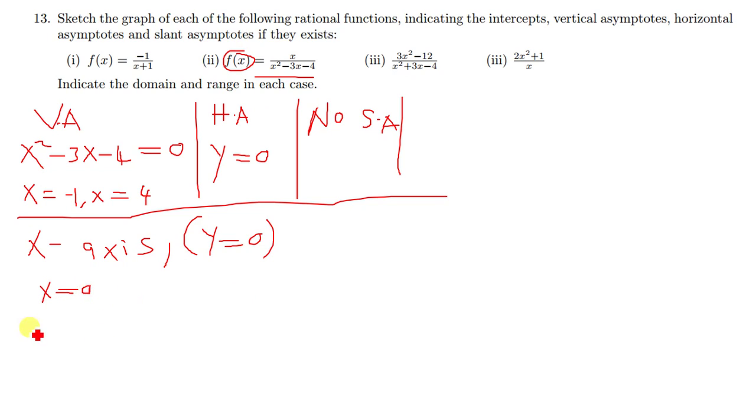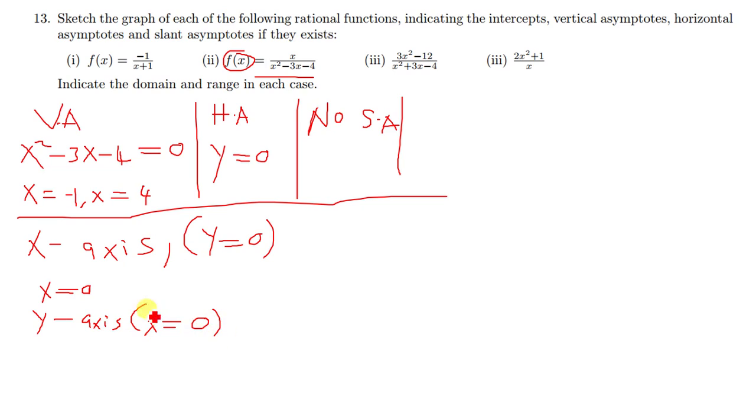And then for the y-intercept, we know that in the y-axis the value of x is equal to 0.